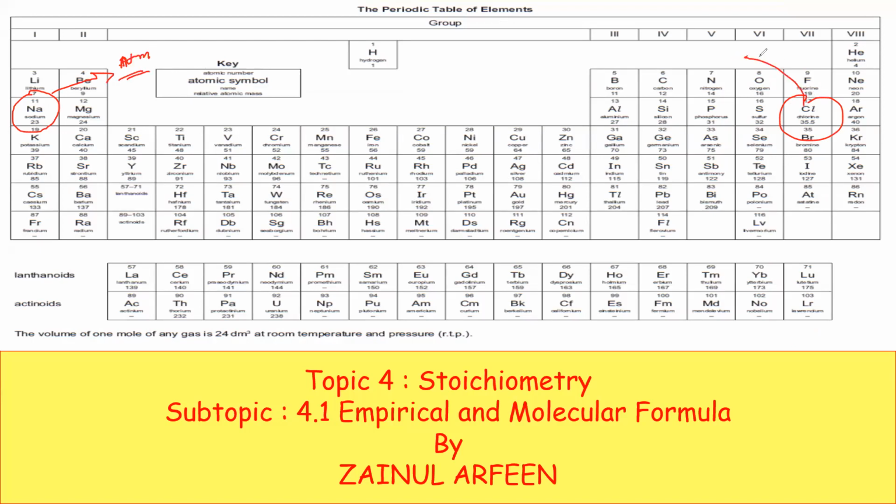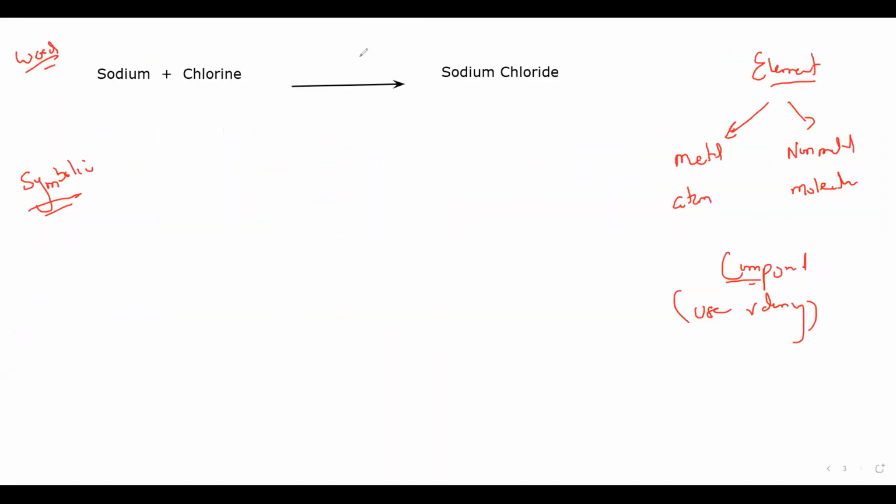But chlorine, it's a non-metal, so it will be a molecule. So when we are completing the equation, for sodium we will write Na, but for chlorine we will not write Cl, we will write Cl2. Then it forms sodium chloride.